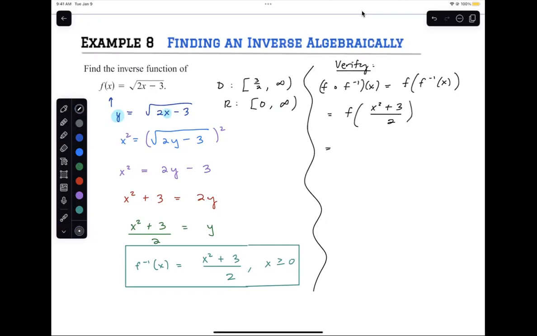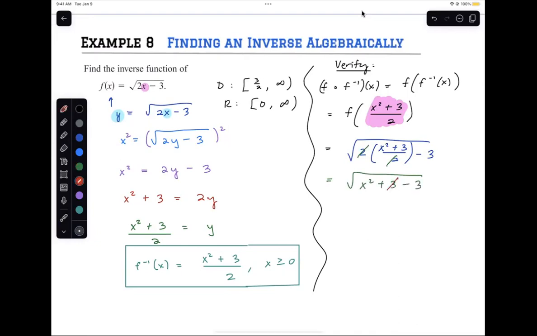So plugging this in for x, we're going to get the square root of 2 times x squared plus 3 over 2 minus 3. These 2's cancel. So you get the square root of x squared plus 3 minus 3, which is the square root of x squared, which is just x.